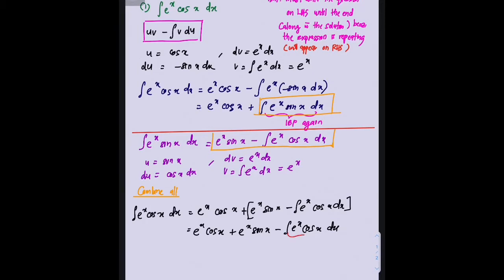This is what I mentioned in the beginning, whereby the expression is repeated.